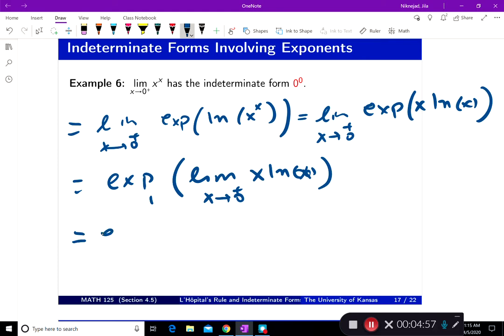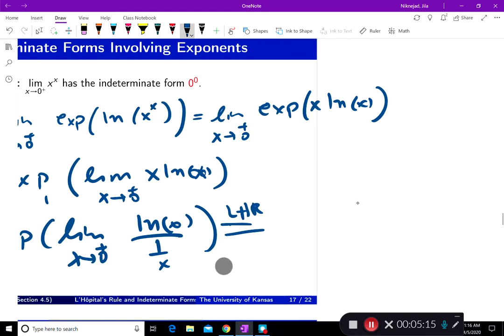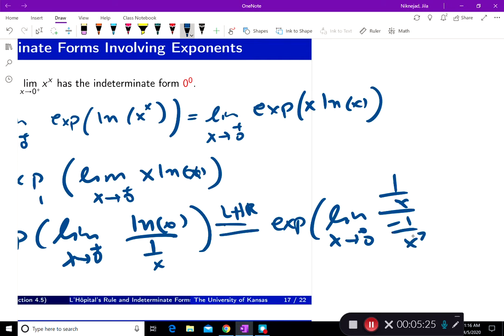So I get exponential of the limit as x goes to 0 of natural log of x over 1 over x. And then I apply L'Hopital's rule. After L'Hopital's rule, again, don't forget the exponential, don't forget the limit. I get 1 over x over negative 1 over x squared.